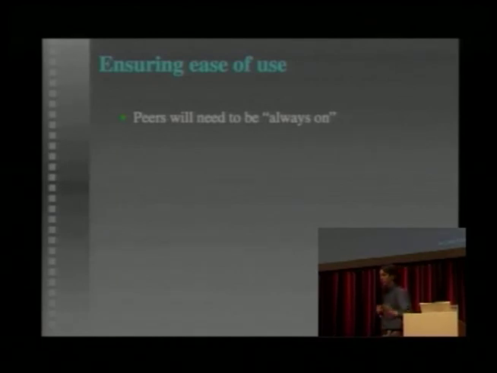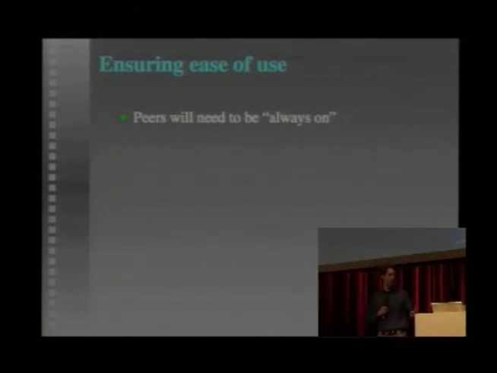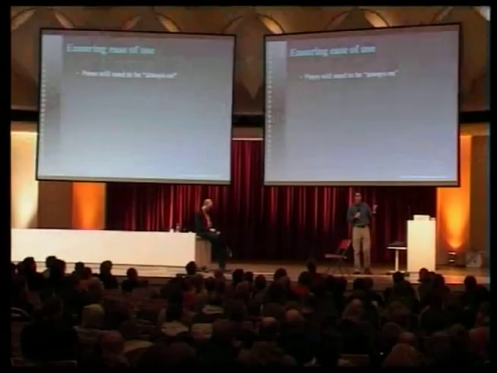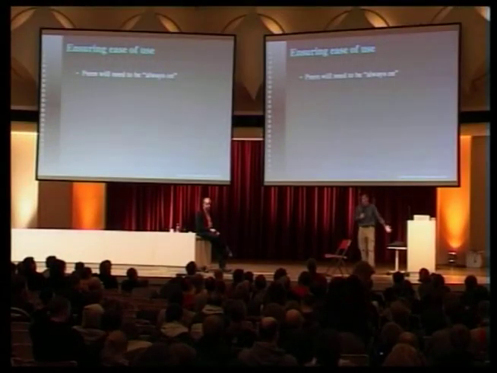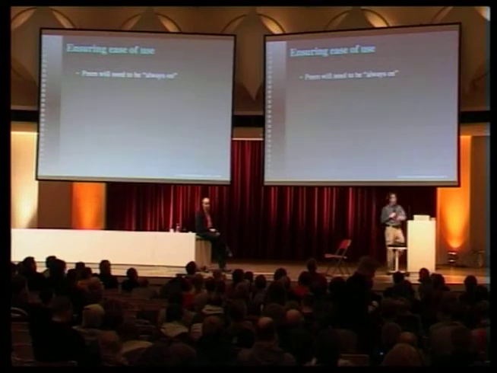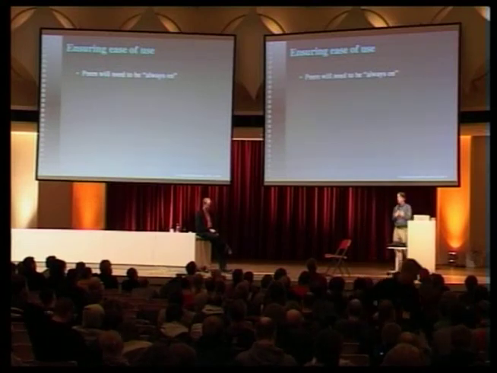How do we ensure ease of use? Well, there are a couple of difficulties here. In all peer-to-peer networks, it helps if people leave the peer-to-peer software running. But that is particularly true of this architecture because you may only be connected to 5 other people. If none of those people are online and you want to access Freenet, you're not going to be able to do that.